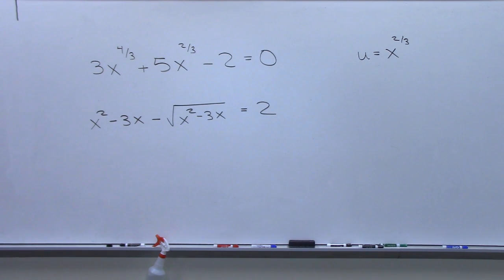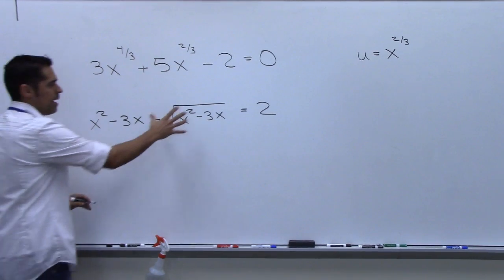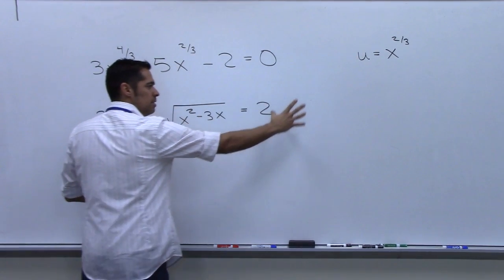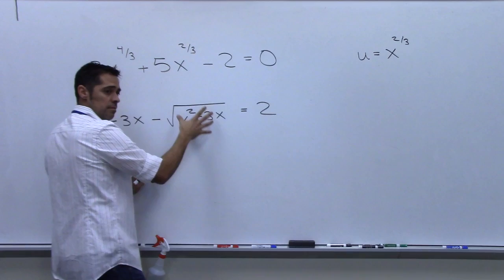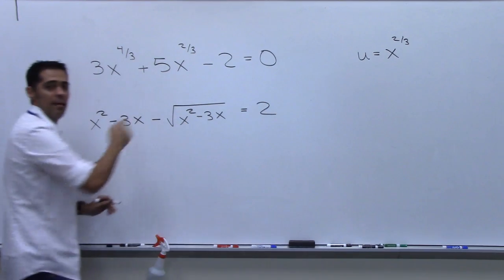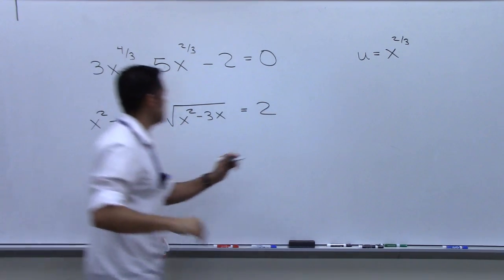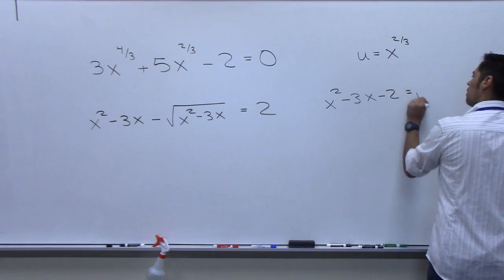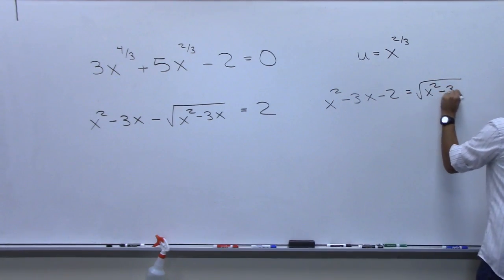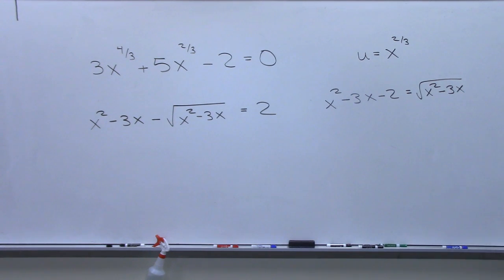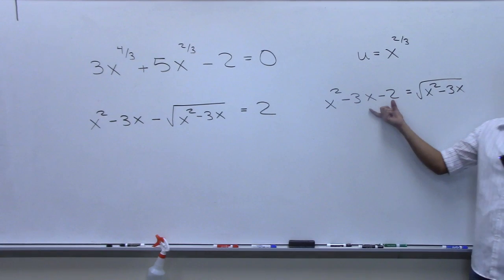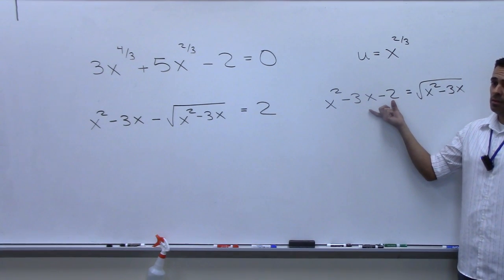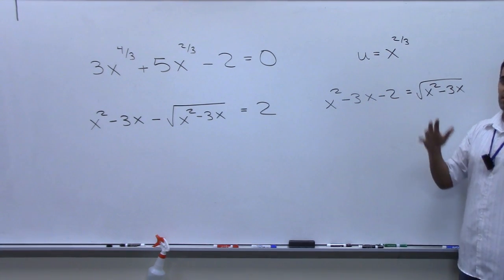The first step would be what? Isolate the radical. So you would get this radical by itself. I'd probably move it to the right to make it a positive, and then I'd move the 2 to the left. Now don't write this down, but this is where you'd be. Now if you square this side, that's great, right? But if you square this side, you're squaring a trinomial, which means 3 terms times 3 terms.